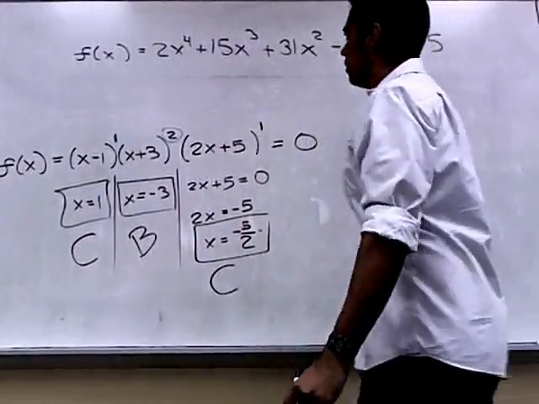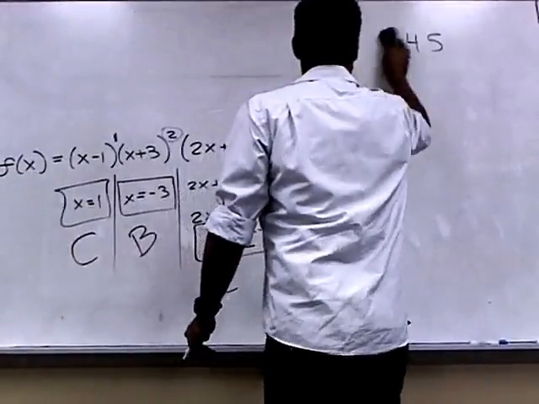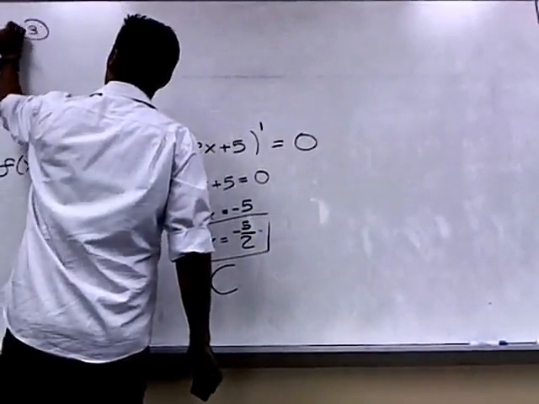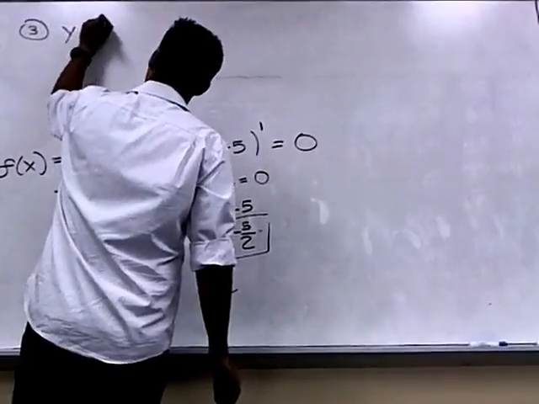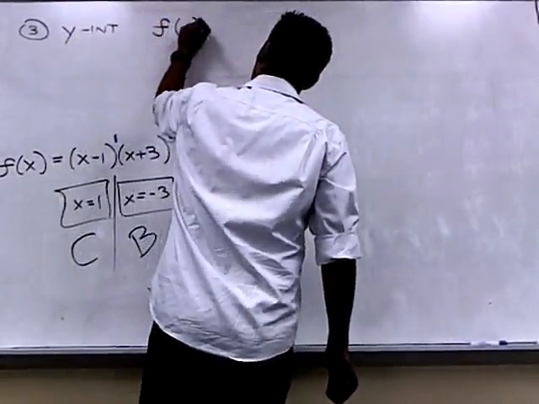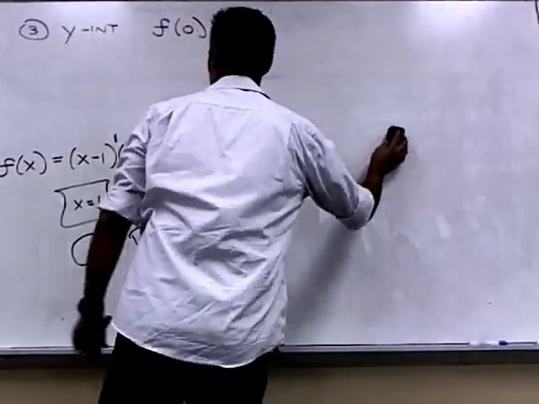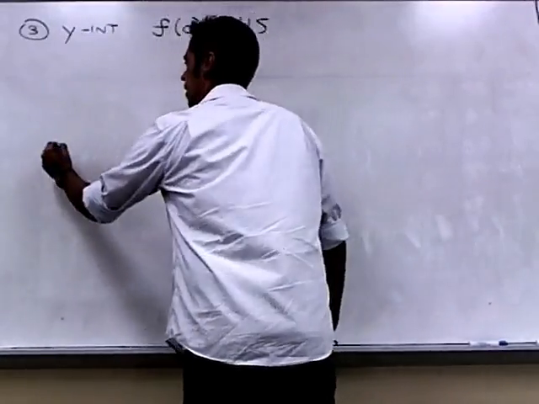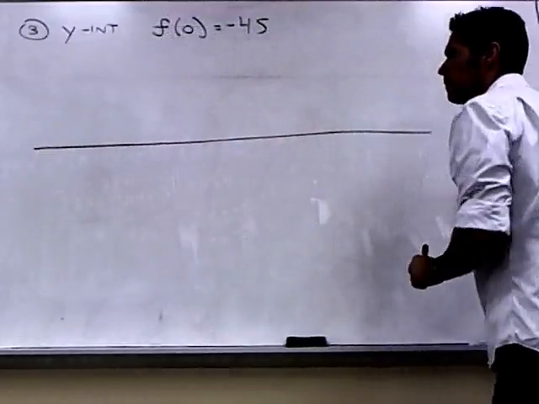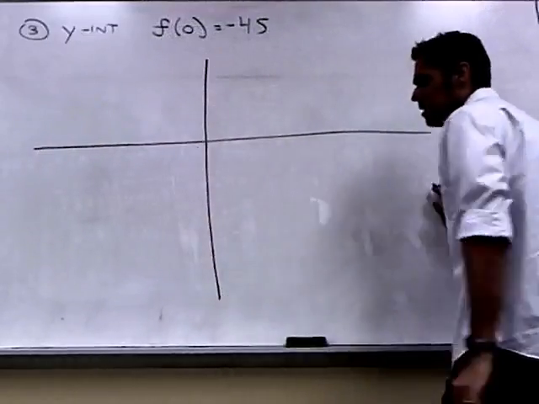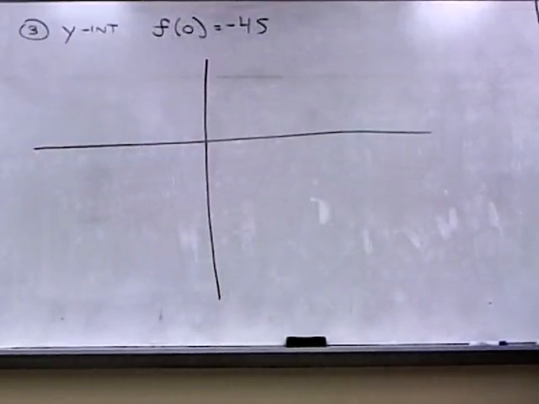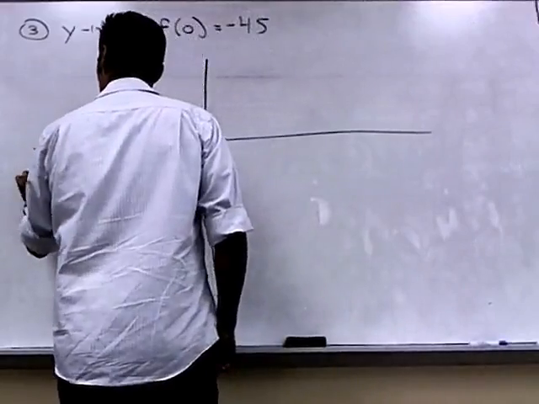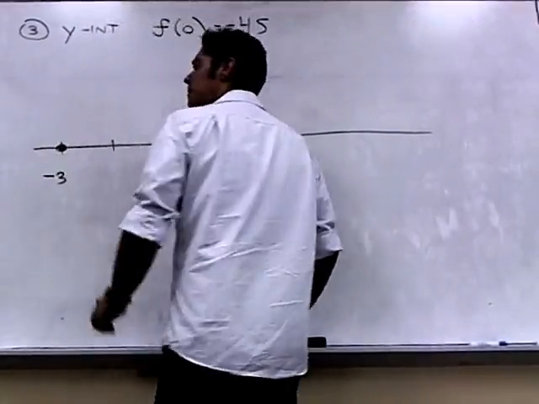Okay. All right, so now the y-intercept. What's the y-intercept? -45? Is that right? F of 0 is -45. And I'm ready to draw. Our x-intercepts are what, -3? -5 halves.